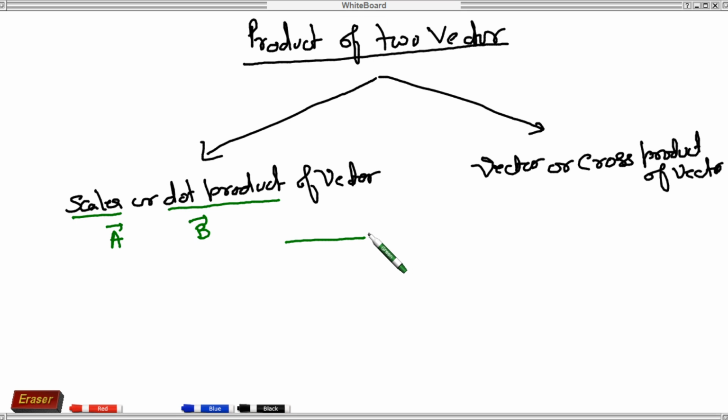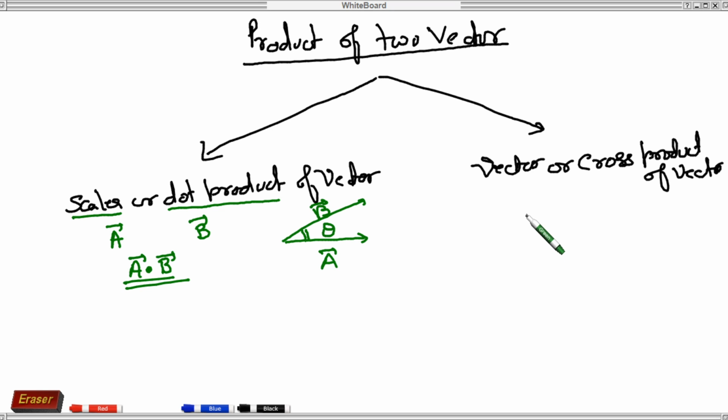Suppose this is vector a and this is vector b, and this is the angle between them, theta. So dot product means like this. We are going to put a dot here, and this is what is called the dot product.